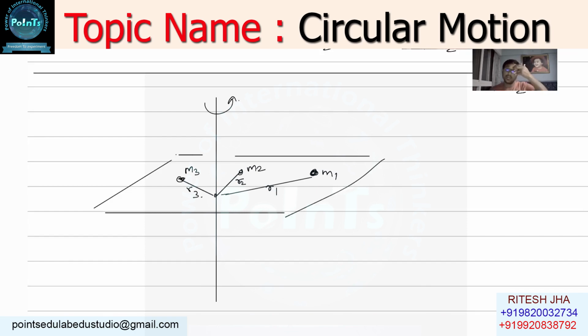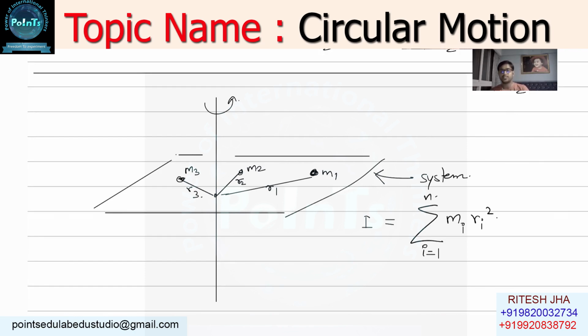This is a system. For this system, the moment of inertia I is actually the summation of m r square from i equals 1 to n.